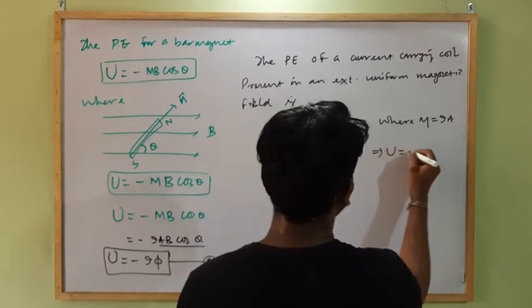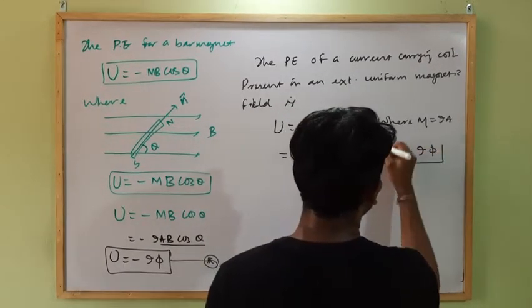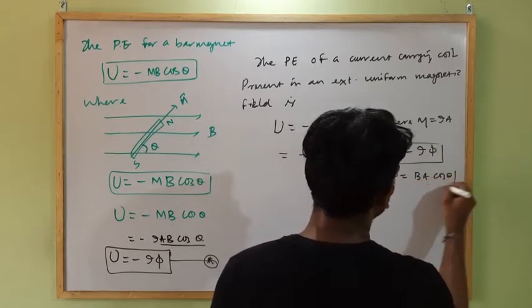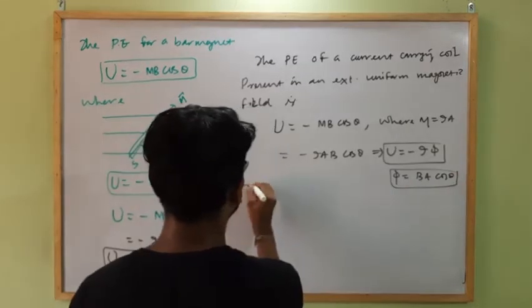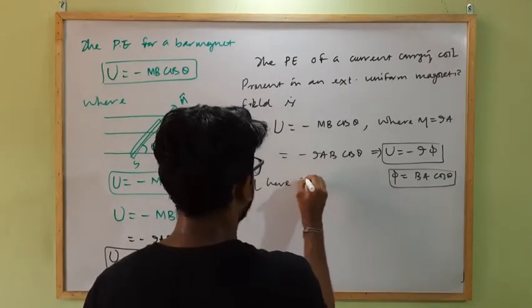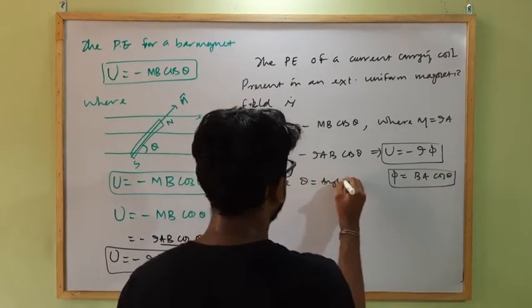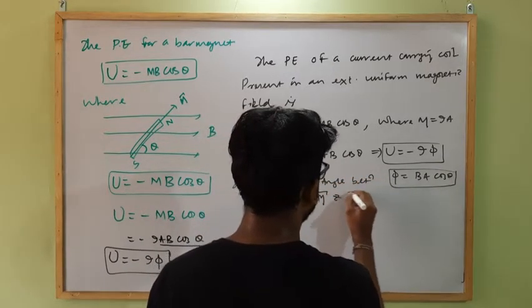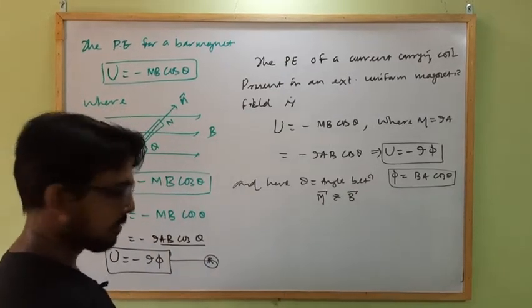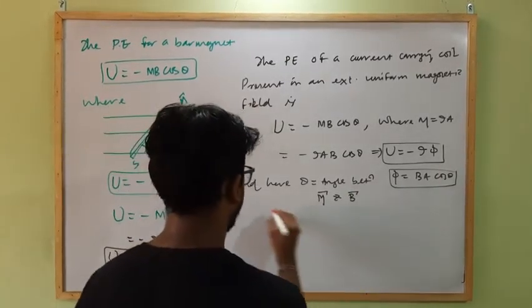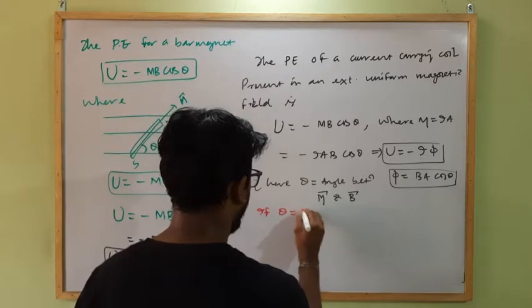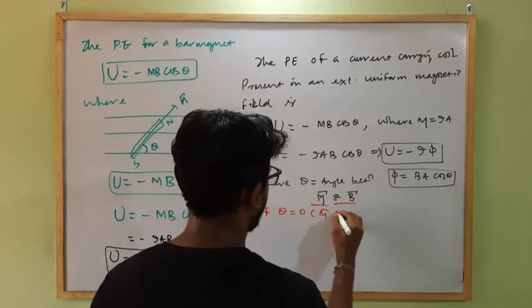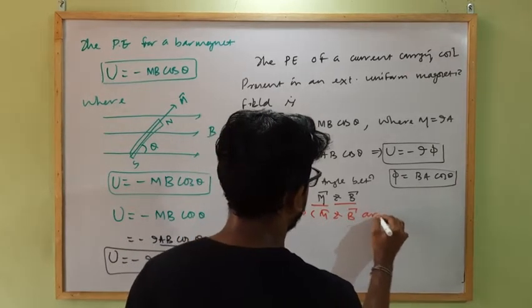This implies U equal to minus I into phi, where phi equal to BA cos theta, and here theta equal to what? Angle between M vector and B vector. Clear? So if theta equal to 0, that means the angle between M vector and B vector is 0, that is M and B are parallel.